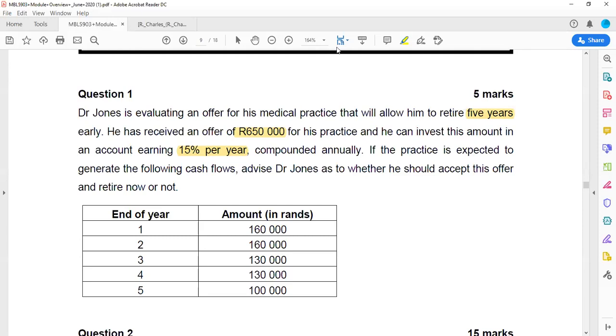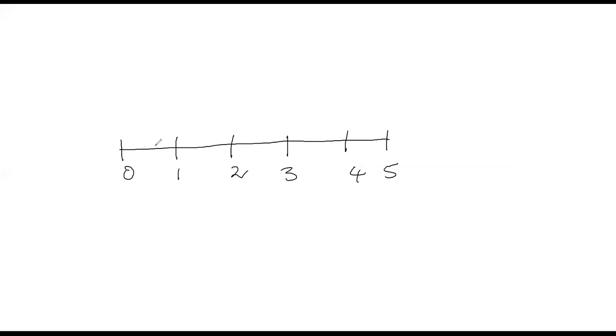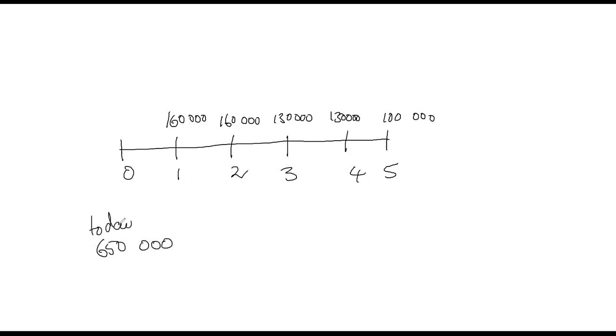So the practice is the asset. So the doctor knows that the asset, which is the practice, will generate 160, 160, 130, 130, and 100 over the next 5 years, right? So this doctor has been offered a sum of money of 650,000 Rand today, for this practice, right?